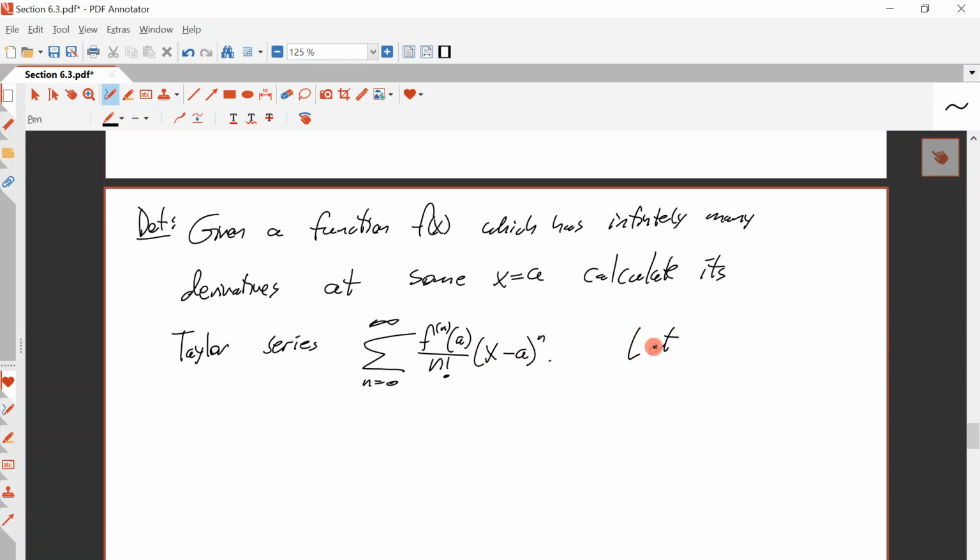Let T_k of x be equal to the partial sum of this thing here.